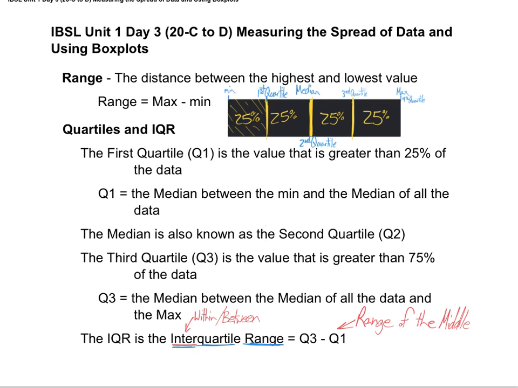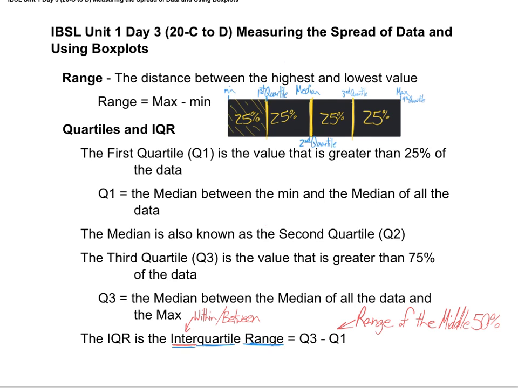Now this is significant because, if you think about it, we've talked about symmetrical or skewed distributions, but another thing we sometimes think about is whether more of our data is in the middle, or what the spread of our data is close around the median as opposed to those outer values.